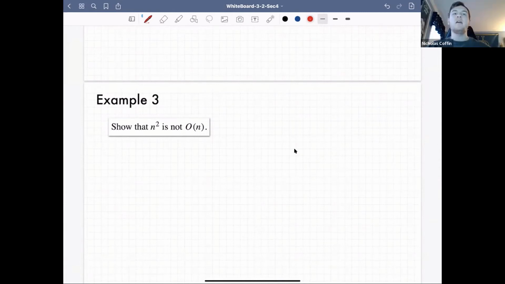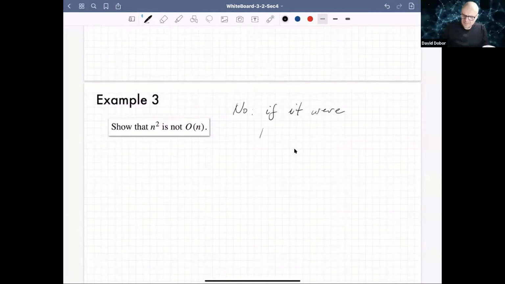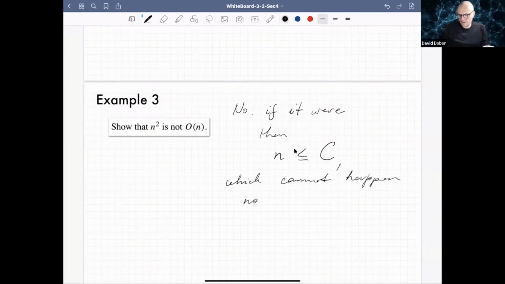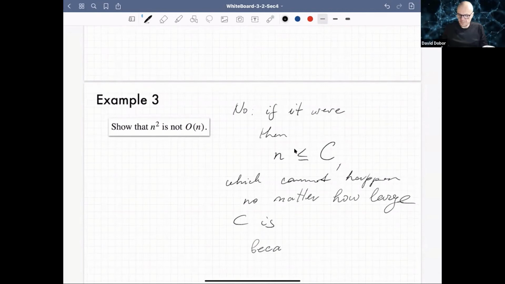You divide by n, and then n can't be less than or equal to a constant. So the answer is no. If it were, then n would be less than or equal to a constant c, which cannot happen no matter how large c is, because n grows without bound.